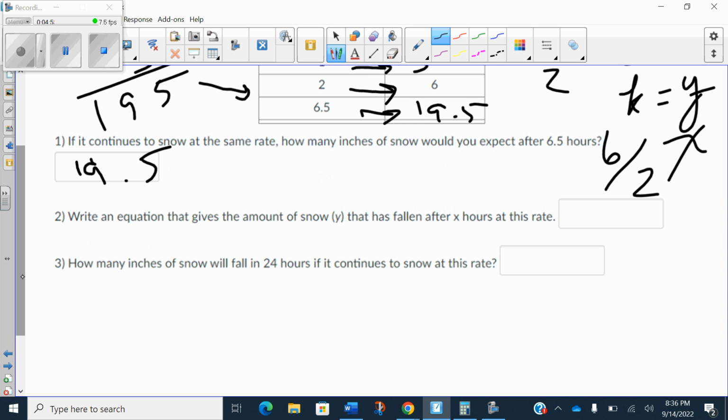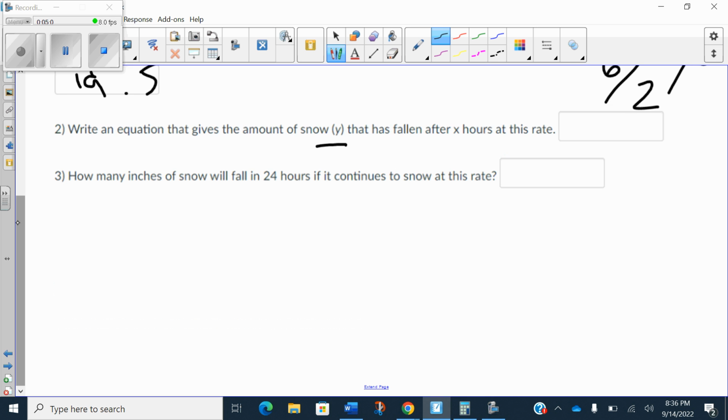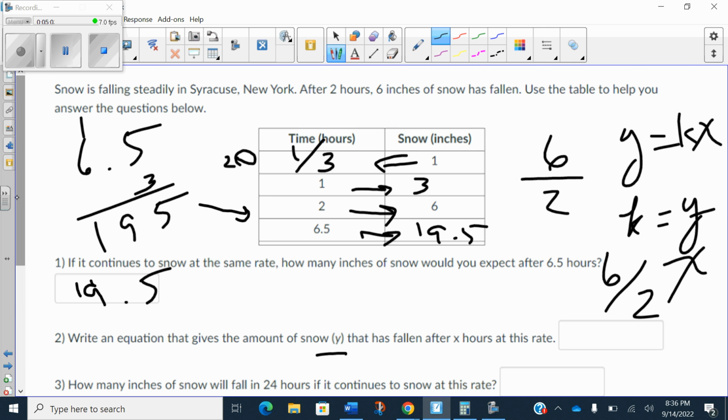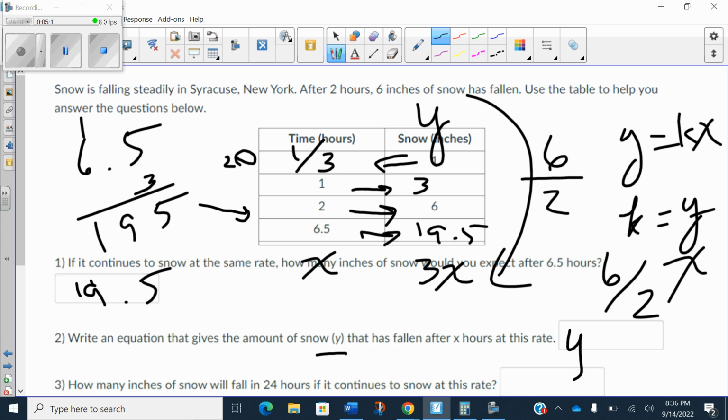Next one. Write an equation that gives the amount of snow y that's fallen over x hours at the same rate. So if I look back up here, if I have x and my constant of proportionality is 3, this is going to be 3x. So my equation is y equals 3x.